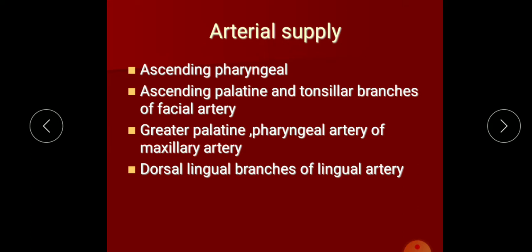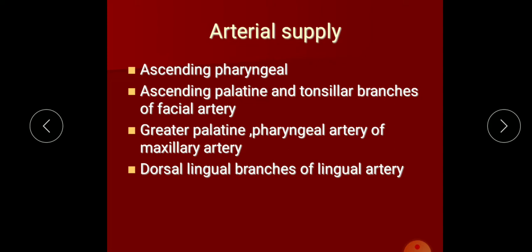The external carotid gives three more branches. One is the lingual artery, two is the facial artery, and three, a terminal branch of the external carotid, the maxillary artery. So these four arteries, ascending pharyngeal, lingual, facial and maxillary, will supply the pharynx.